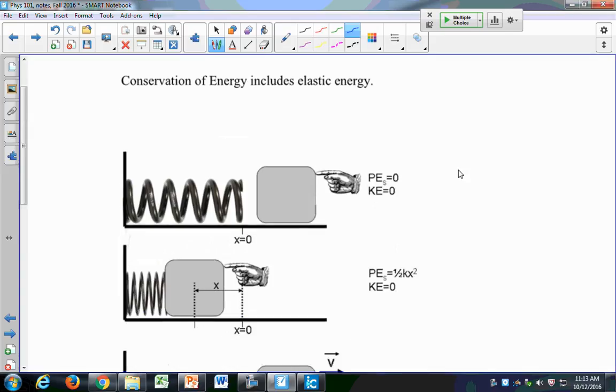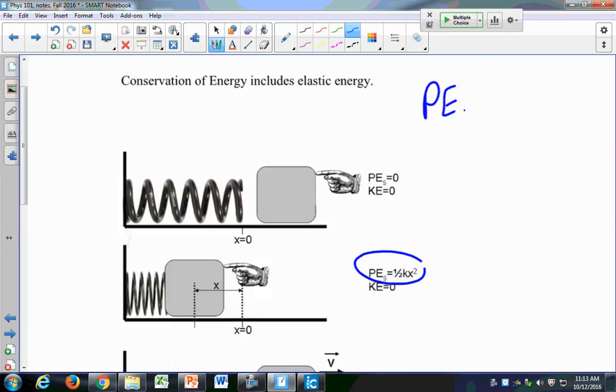Now, we really do that just to talk about conservation of energy. If I have a spring, and I have some mass over here that I'm pushing, and I compress the spring to a certain displacement, the elastic potential energy, I've written it here, let's write it again.